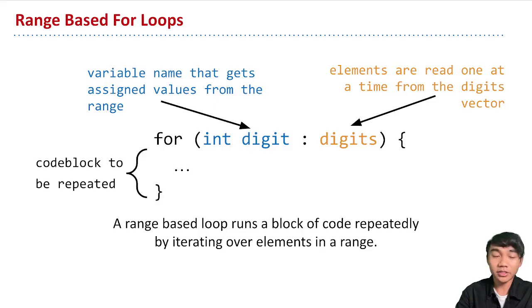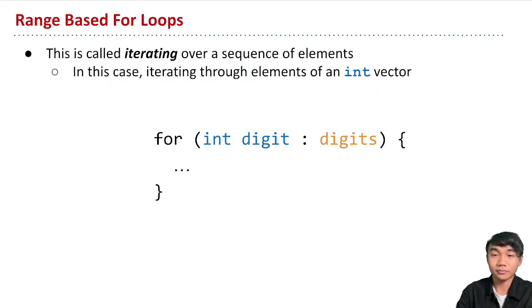And every repetition or loop is called a single iteration. So this is a new piece of terminology that we'll start using now. We're going to transition from talking about loops and just repeating code, and we're going to call it now iterating. So what the range-based loop does is iterate over a sequence of elements in the range that you pass in to the right of the colon.